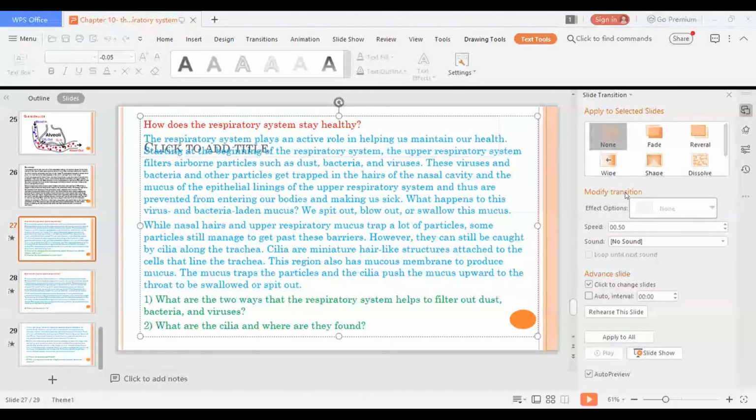The second way, the mucus of the epithelial linings of the upper respiratory system will help trap the particles too. And the third way, cilia, which are inside the cells of your trachea, will help trap the particles too. Okay, so we continue.